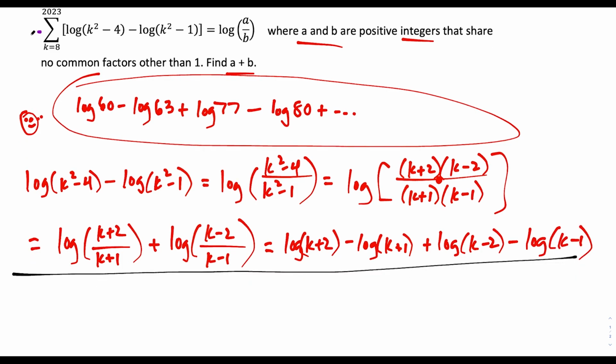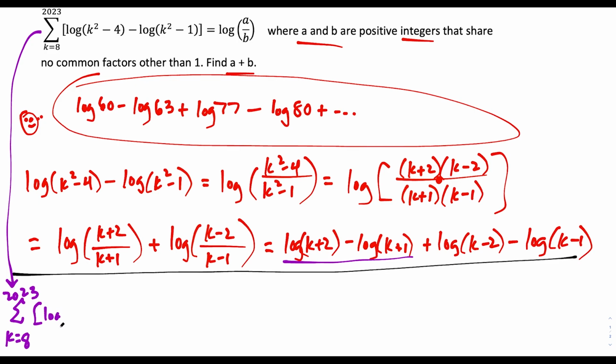So now we could break up this original series. I'm going to write the first part here. We're going to have the series from k equals 8 to 2023 of log of k plus 2, minus log of k plus 1. This will be the first part of the series, but now we're going to add the second part of the series, which involves this part here.